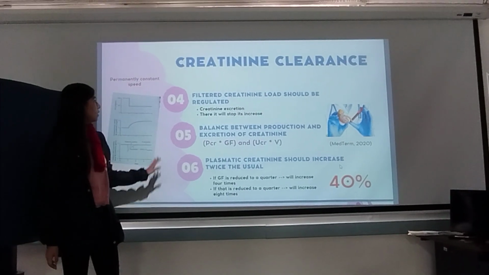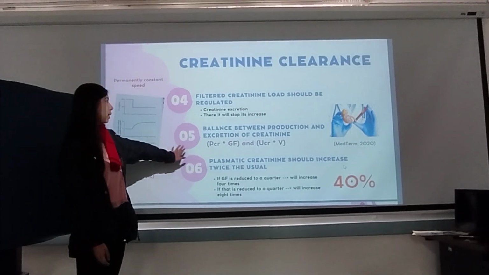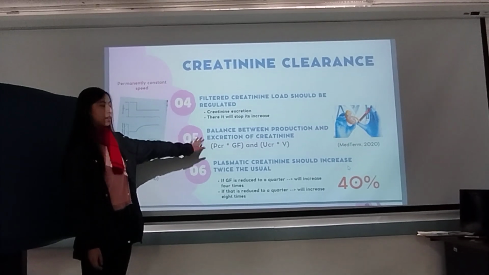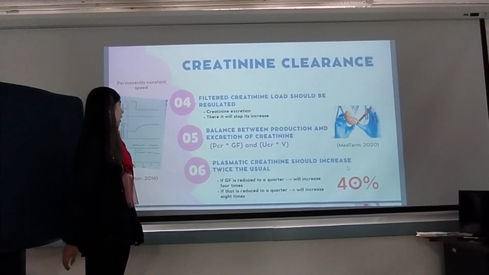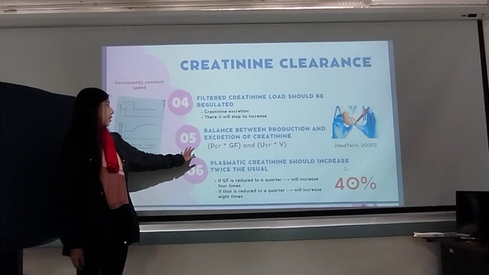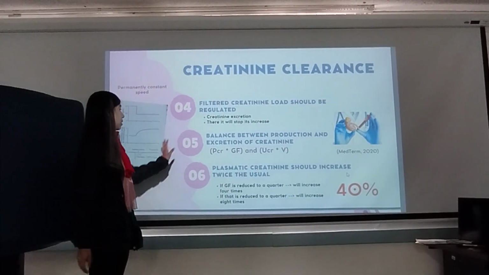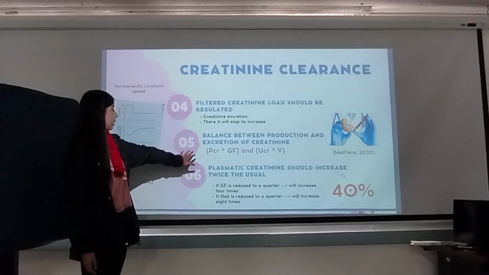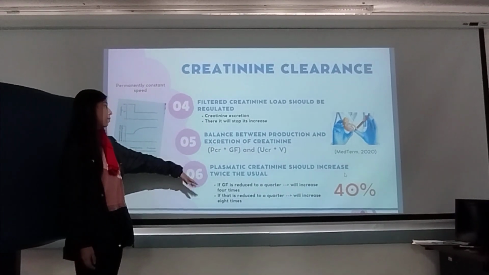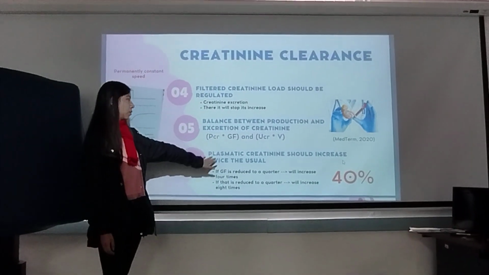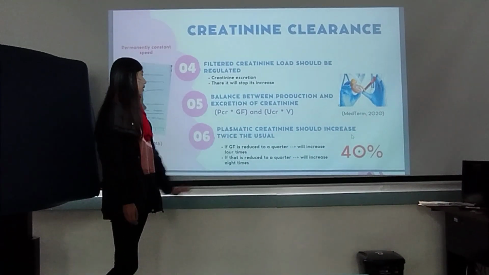So the filtered creatinine loads should be regulated. This happens when the creatinine excretion will stop. And the balance between the production and excretion of creatinine has another equation, that is the plasma creatinine concentration multiplied by the glomerular filtration equals the creatinine in the urine multiplied by the volume.